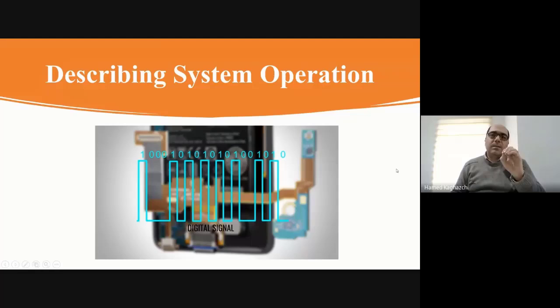This digital signal contains your voice, but in digital form. As you remember, I wrote in the block diagram about sound sampling, speech sampling. This digital signal contains your voice information.